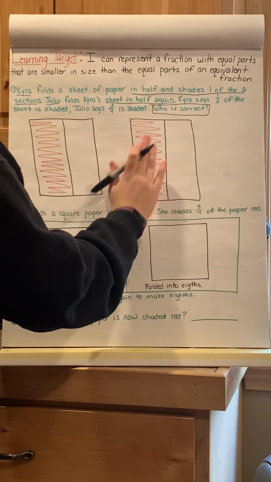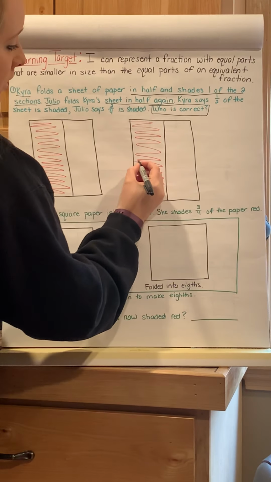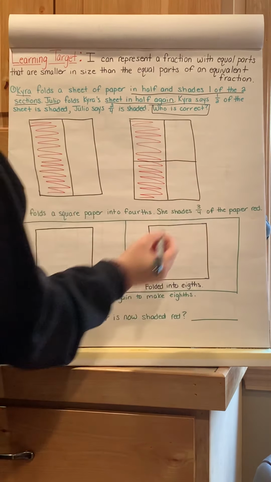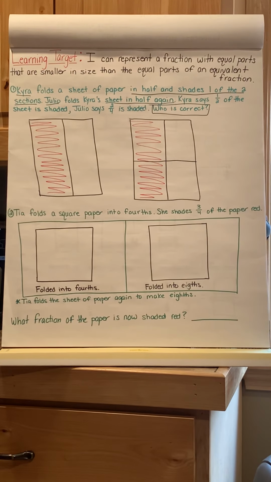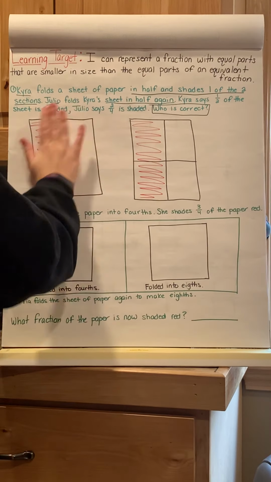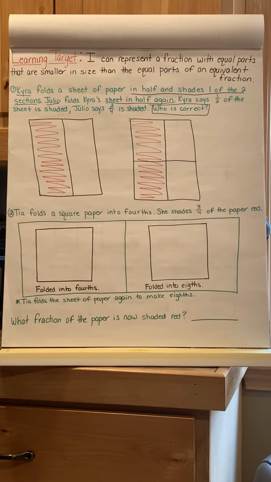So Kyra folded it in half this way. Julio is going to fold it in half this way. Now, Kyra says that half of this sheet is shaded, but Julio says 2/4 is shaded.